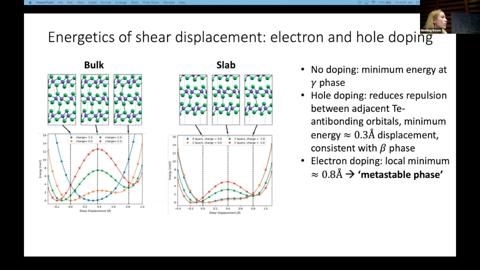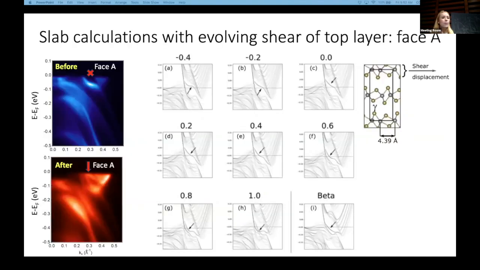So it is possible that in reality, the metastable phase is the global minimum, or it's also possible that in our experiments, other details such as the displacement field or relaxation near the surface drive this to be the global minimum. And I'm putting this out there because our data are very consistent with this explanation of a shear displacement of 0.8 angstrom. So let me walk you through that.